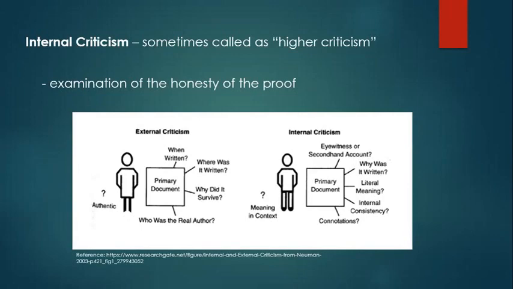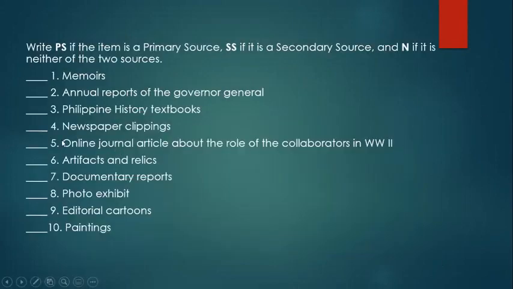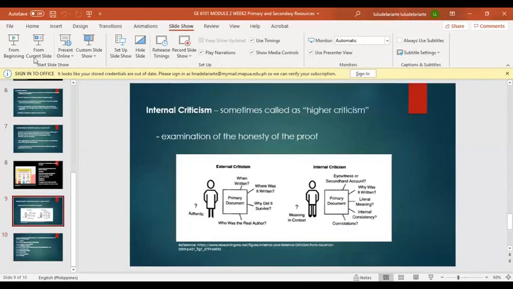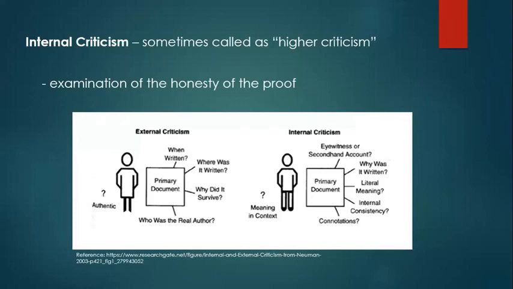And most of the scholars use questions in evaluating the validity and credibility of sources of historical accounts. How did the author know about the given details? Was the author present at the event?